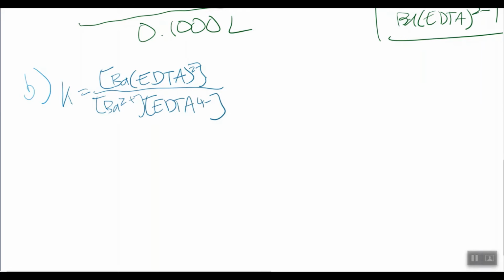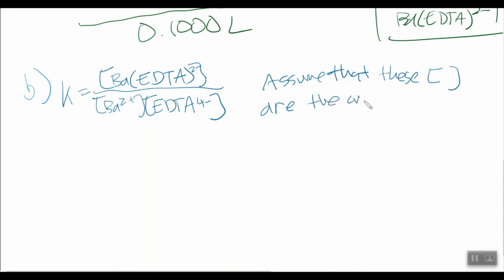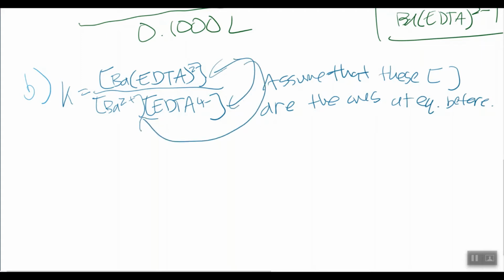So let's assume that these concentrations are the ones at equilibrium before. So, for example, these three will be the equilibrium concentrations before.